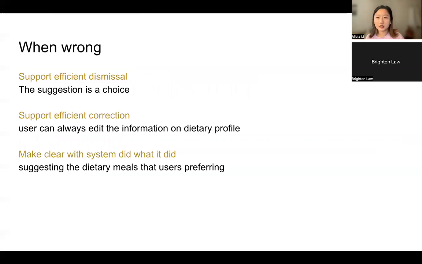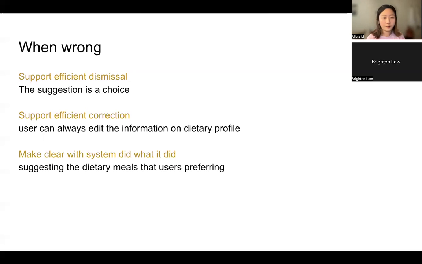And from the guidelines in the when wrong section, we also think that supporting efficient dismissal is important, and we took this into consideration when building the prototype, because we recognize that the suggestion is a choice.